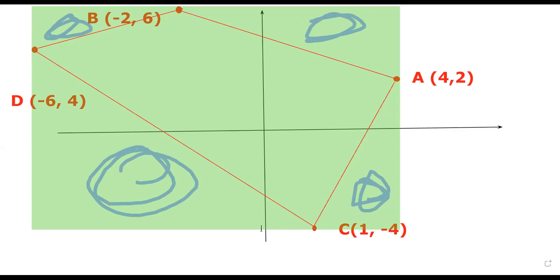So let's find the area of the whole rectangle first. Let us mark out our distances. For the length from the leftmost to the rightmost, it extends from -6 to 4, so the distance is equal to 10.